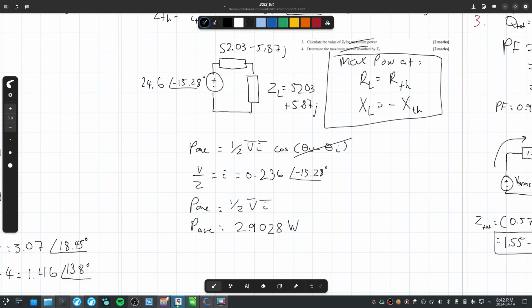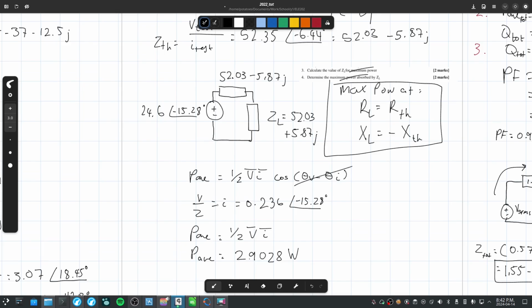I believe that also would work. I believe I remember hearing that. 24.6. Okay, I think that would be the apparent power. To be honest, I don't entirely know what they ask for. It's very unclear in my opinion.